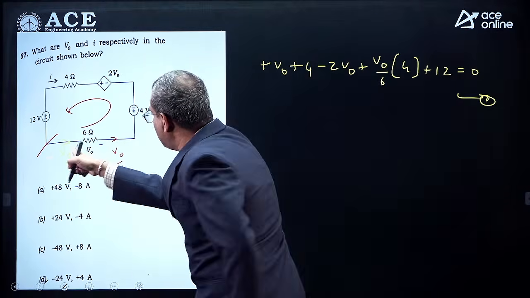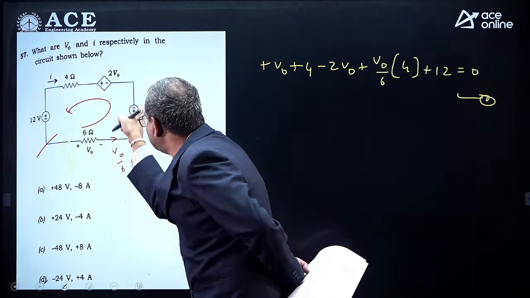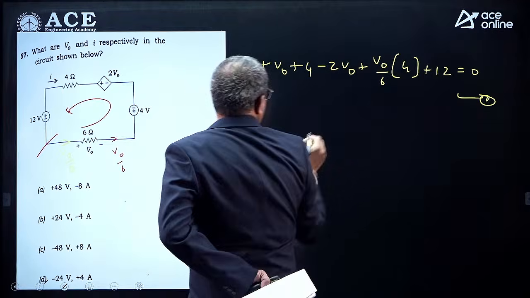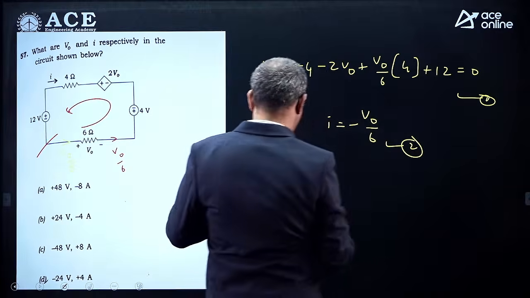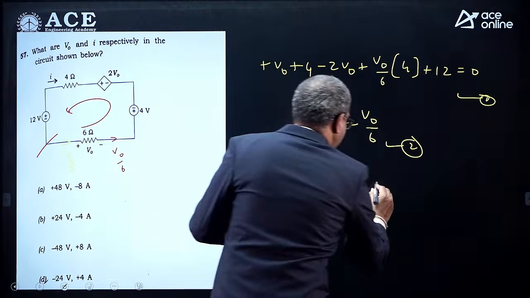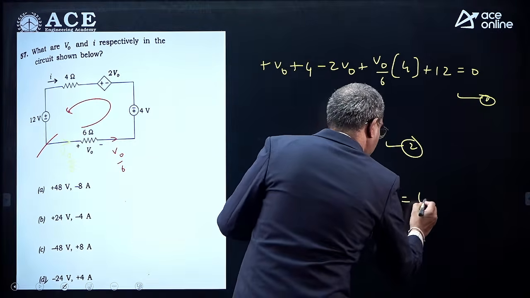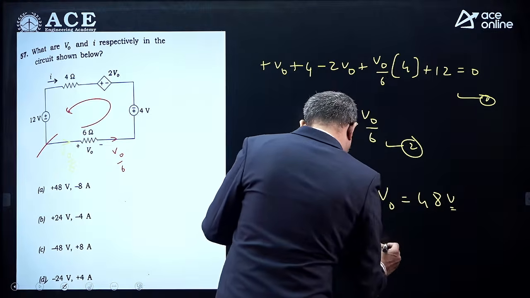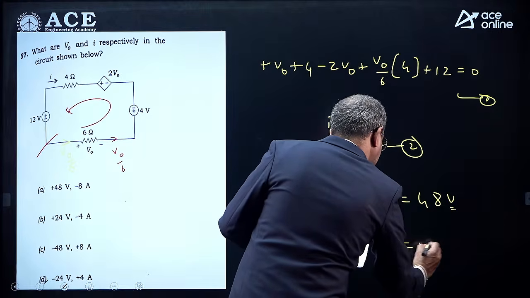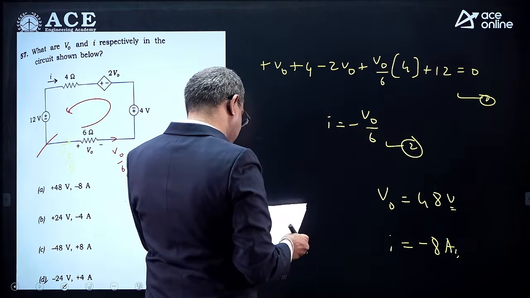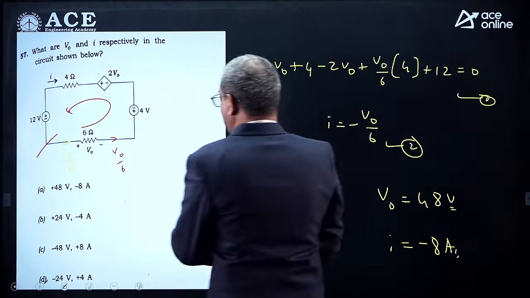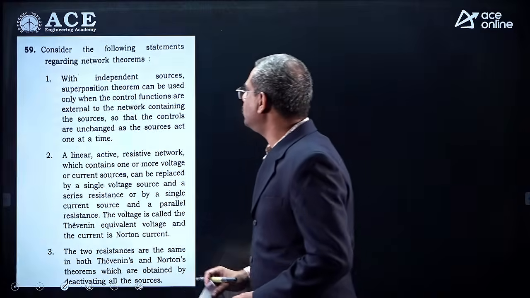And taking passive notation, V0 by 6 is this current, but I is minus of this, I is minus V0 by 6. So if you solve this, you will get V0 as 48 volts and I as minus 8 amperes. So you will get option A.